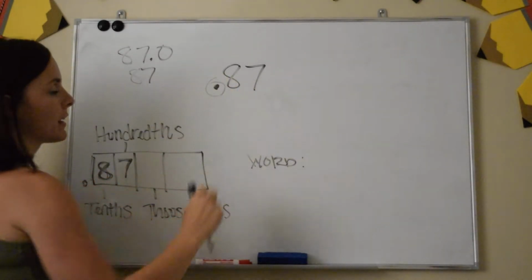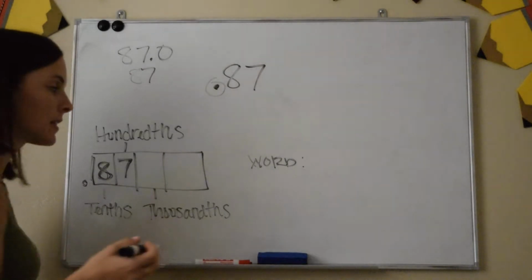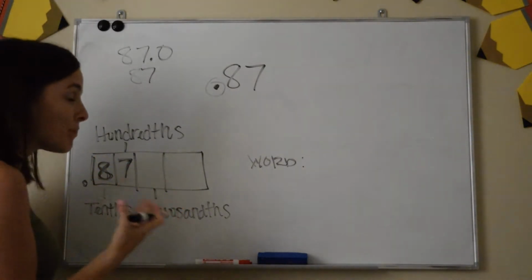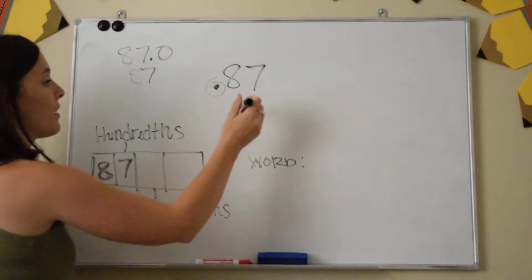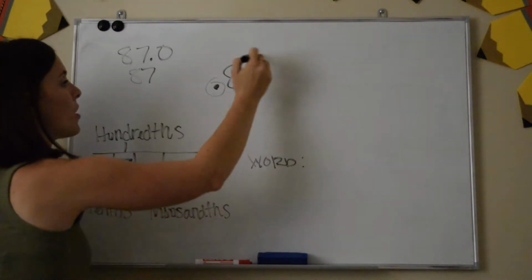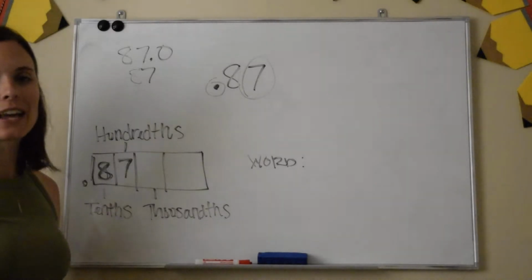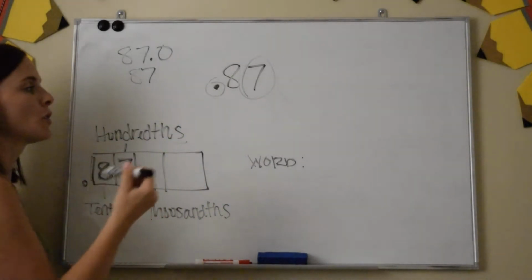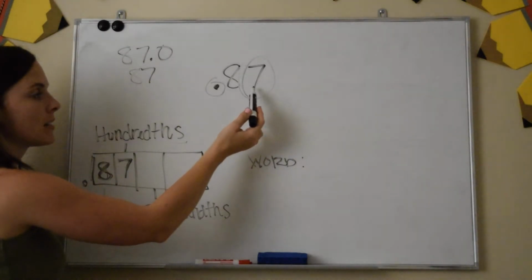Now, how do I know how to say 87 hundredths? When you're doing word form of a decimal, whatever the last digit falls on, that's the place that you're going to end with. So I said 87 hundredths, so the 7 is the last number in this number.